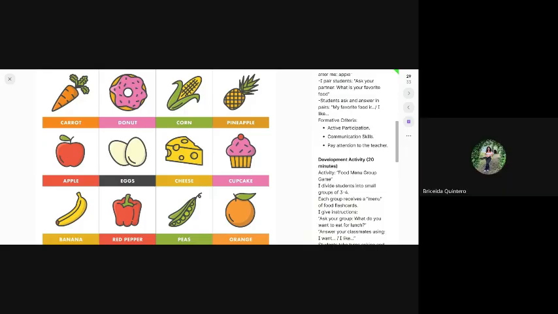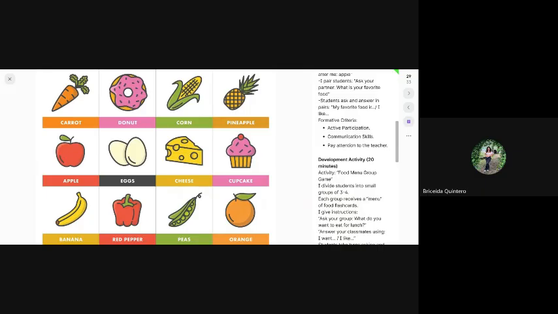After that, I show flashcards about food, like apples, bread, grapes, and I see if my students can identify any of them. Then I model pronunciation. I say, repeat after me: this is an apple, this is a banana, this is chicken, rice.